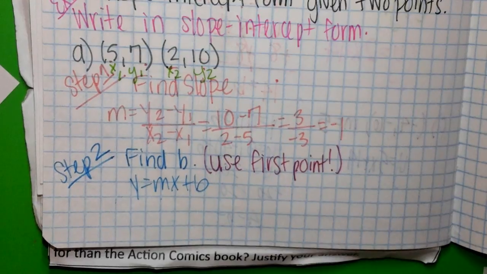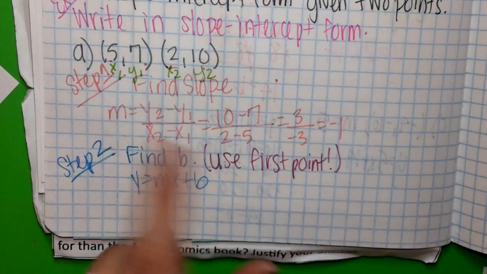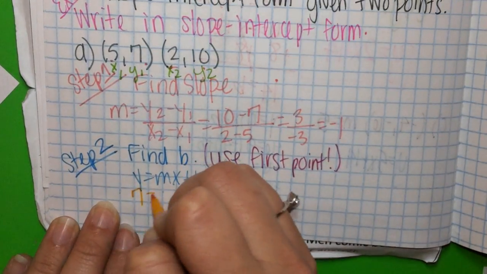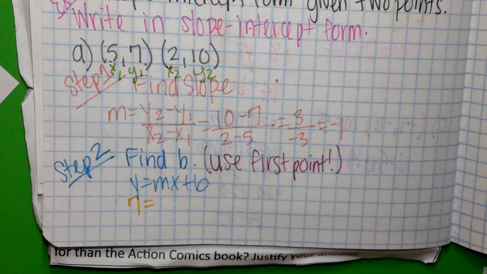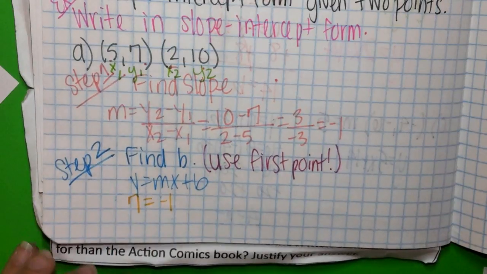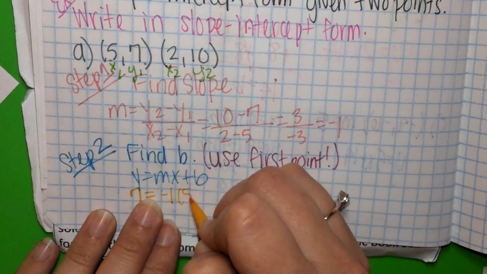Okay, are we ready? Yes. Alright, so now we're using the first point, the very first one. What is the y value of our first point? Alright, so plug in 7. What is our slope? What do we find slope to be? -1. What is x? 5.